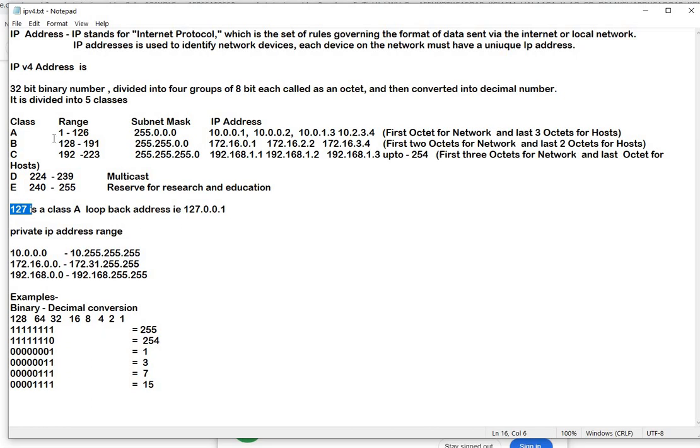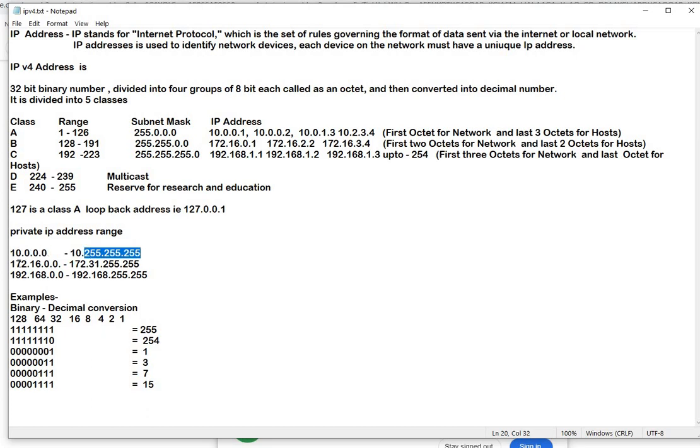Okay, can we use all the IP addresses for our private purpose? No, because all the IP range is divided into private and public IP ranges. When we talk about the private IP range, in class A we can use only addresses starting with 10.0.0.0 and ending with 10.255.255.255.